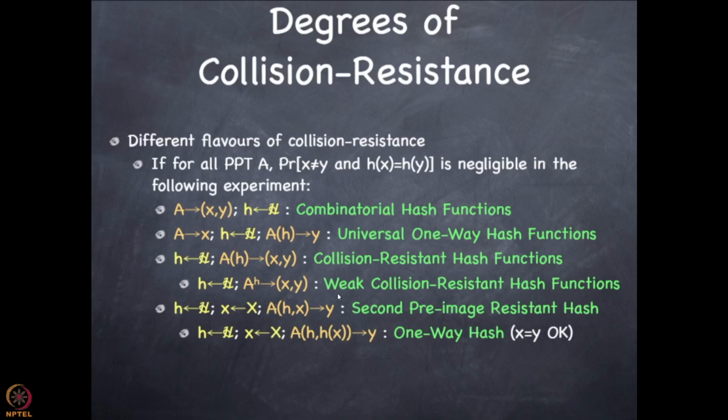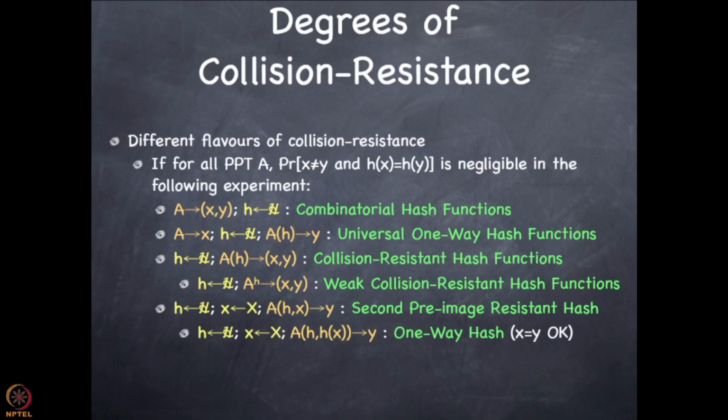And the last version is similar, but we don't show the adversary x itself. We only show it h of x. So there we are saying, look, it's basically a one-way function. The question is of one-way function. We picked a function. It so happens that here the function is also sampled randomly from a family, and then we gave h of x, function is h, we gave h of x on a random x to the adversary and asked it to find some pre-image.